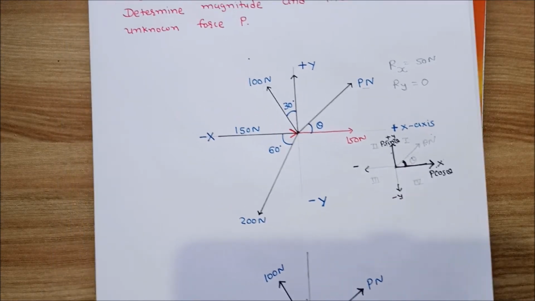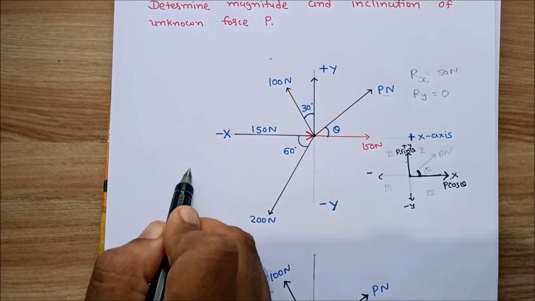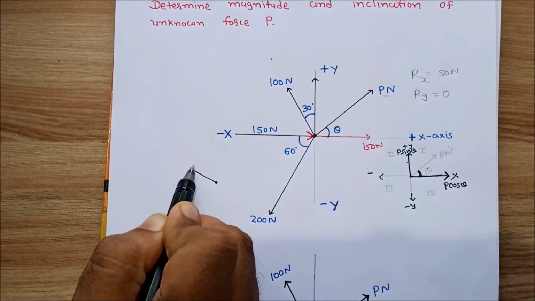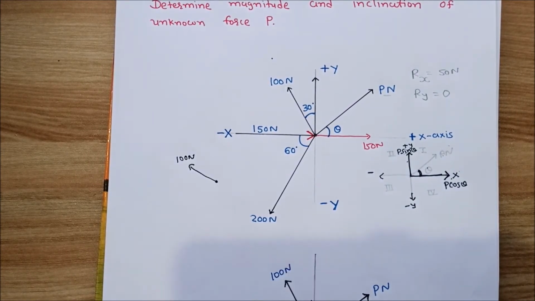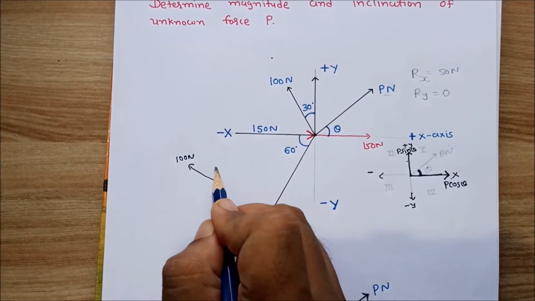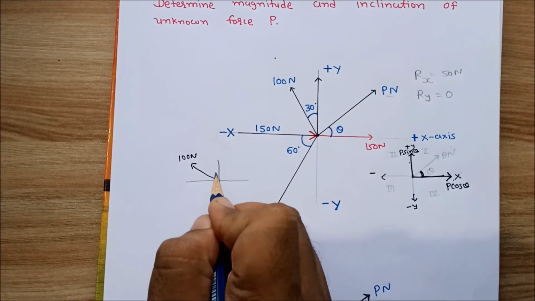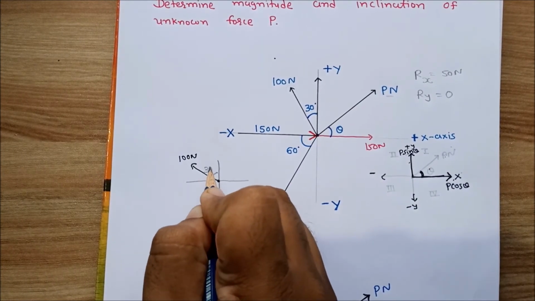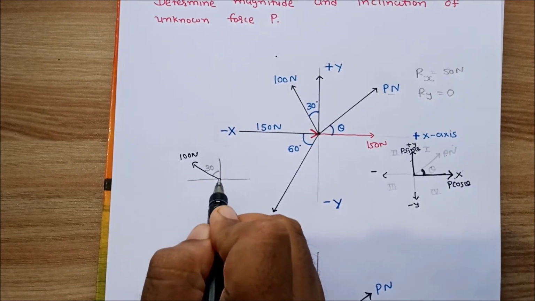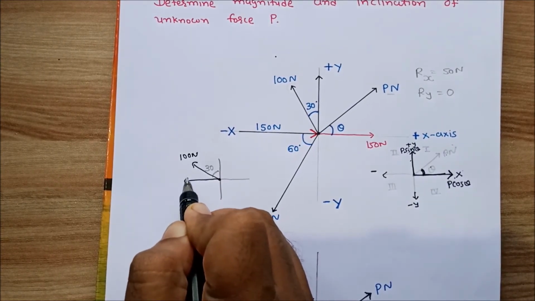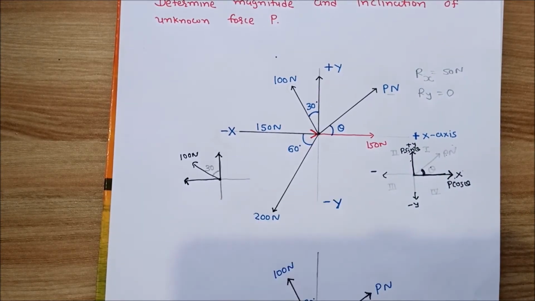Very easy method. Similarly, the 100 Newton force at this point. First we draw the point and the 100 Newton force, and divide this point into four quadrants. This angle is 30 degrees. Here the force acts in the second quadrant, so one component is along the negative x-axis and one component along the positive y-axis.